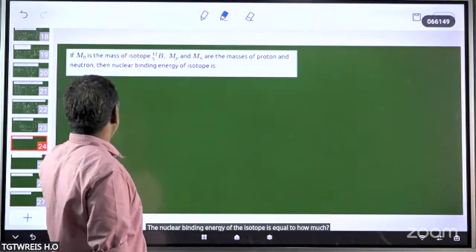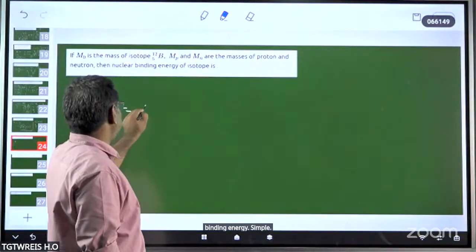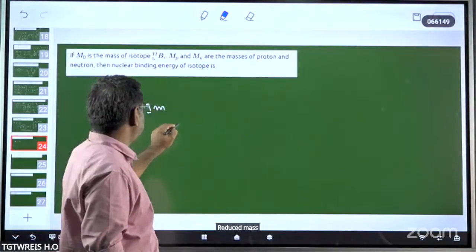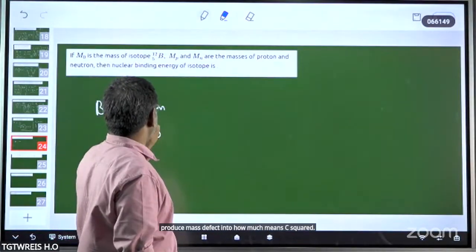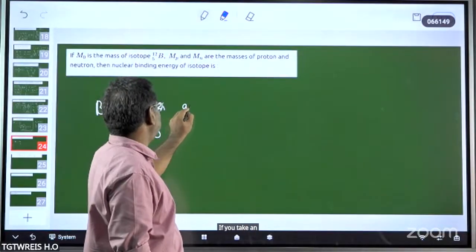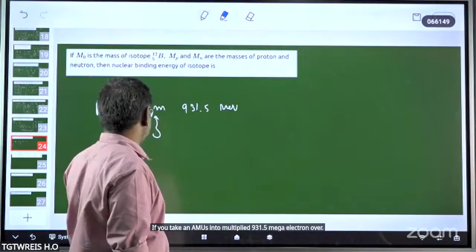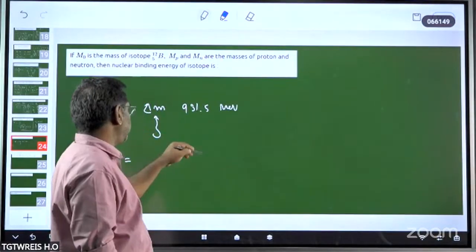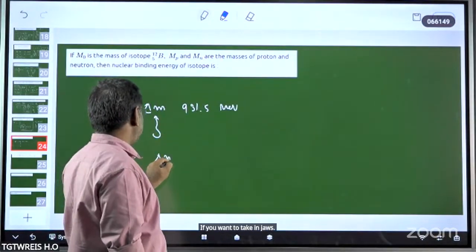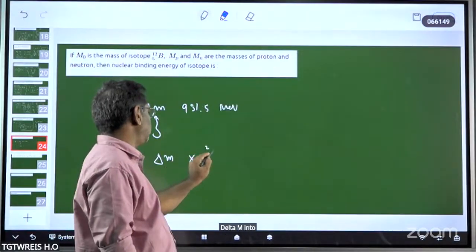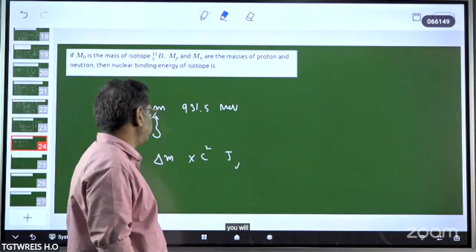Binding energy is simple: mass defect into C square. If you take AMUs, multiply by 931.5 mega electron volt. If you want joules, delta M into C square gives you joules.